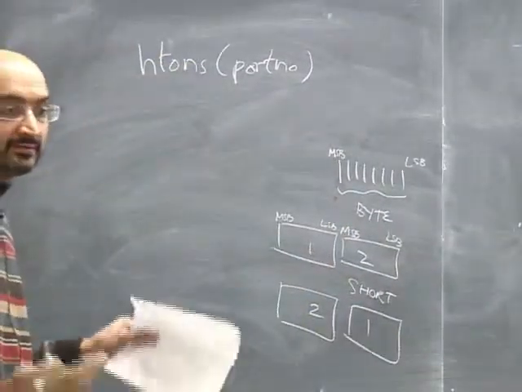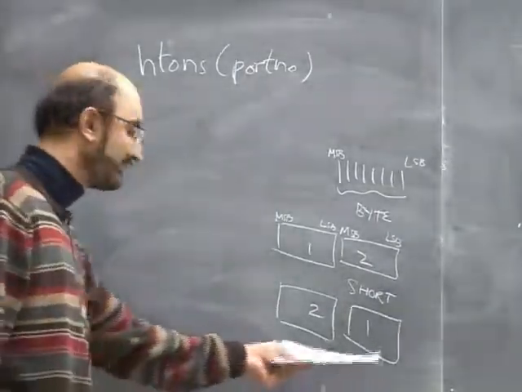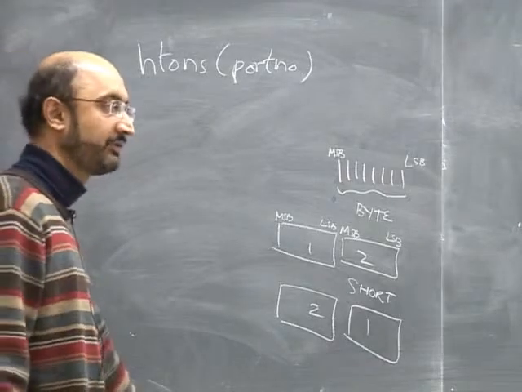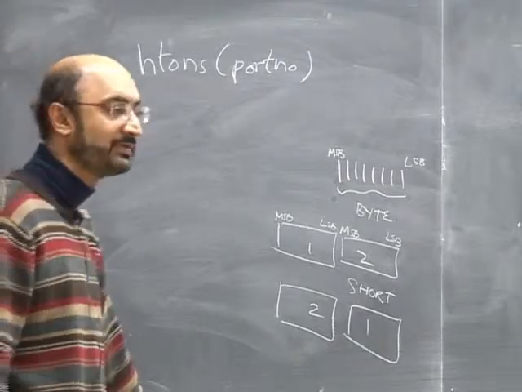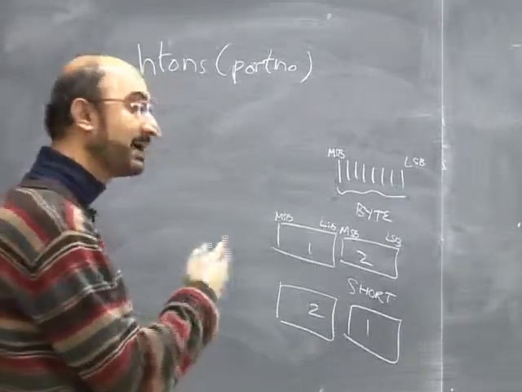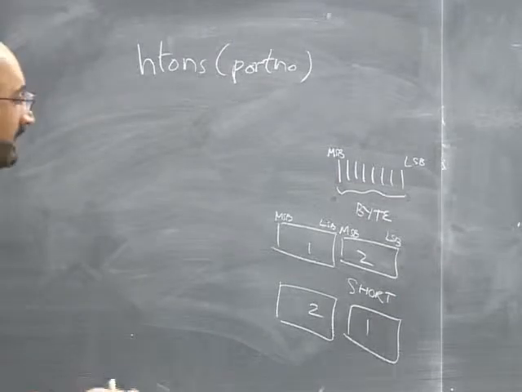Some computers represent it one way, some the other. There are very abstract arguments why one is better than the other, and it's not even worth arguing. These are called big endian and little endian approaches. But anyway, it doesn't really matter what they are.